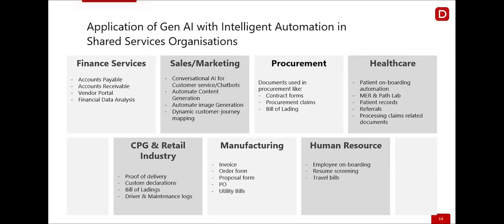If you look at finance, procurement, healthcare, HR, all of these processes we can automate along with the intelligent automation platform we just talked about. And there is no process that does not require automation.